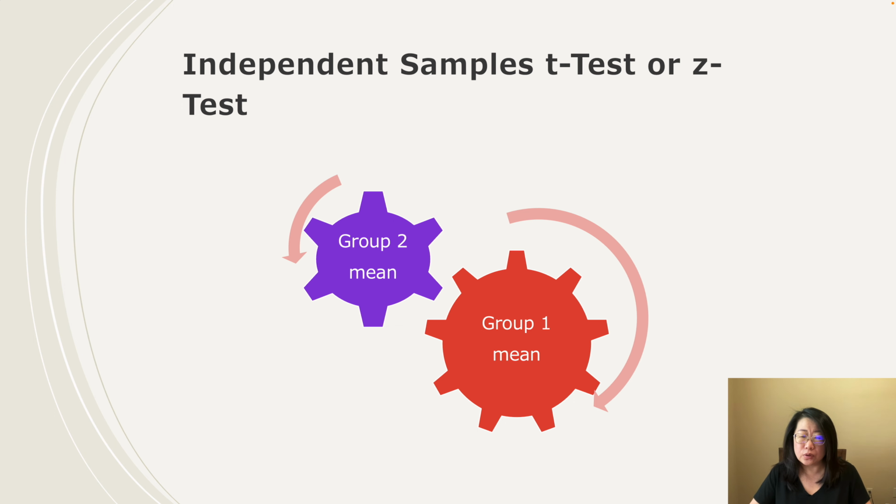For example, to compare the group means between men and women, or two different racial groups, say blacks and Hispanics, or two regions or two states like Texas and California, you have to use the independent samples t-test.